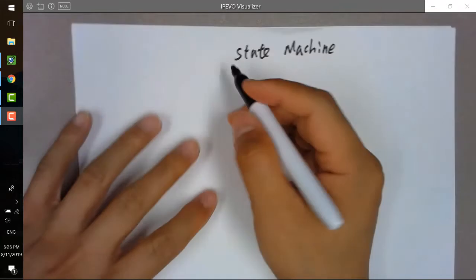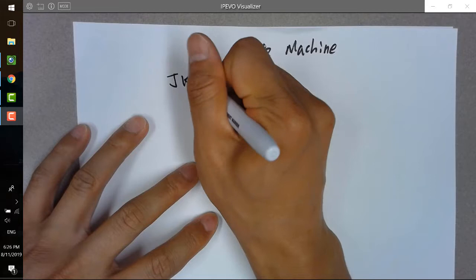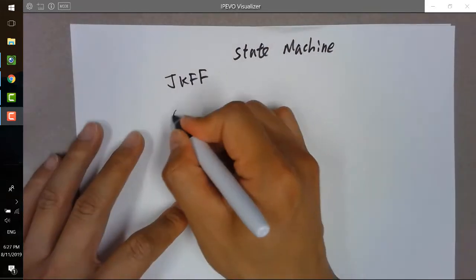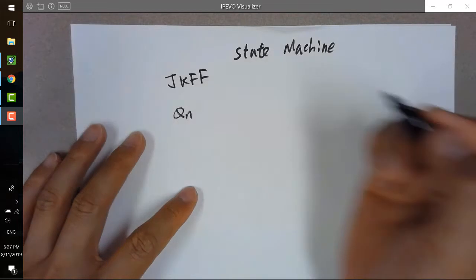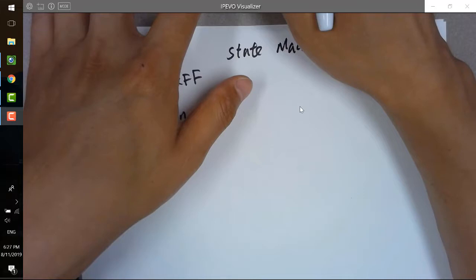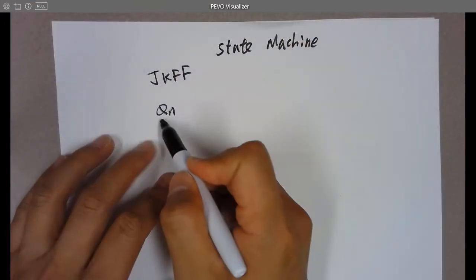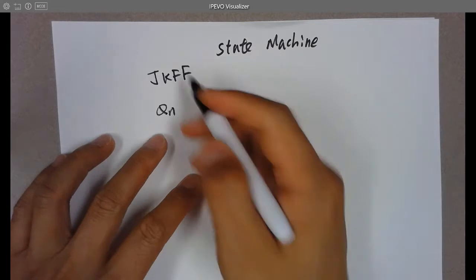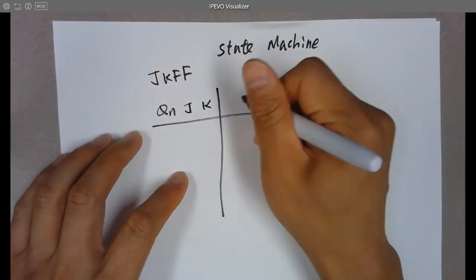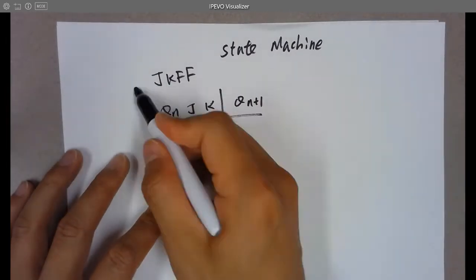Okay. So let's take JK flip-flop as the first example. Because we know that the output of the sequential logic is determined by not only the input but also the previous output. For example, we call it Qn. And now we are looking at Qn plus 1, which is the next state, the next output.